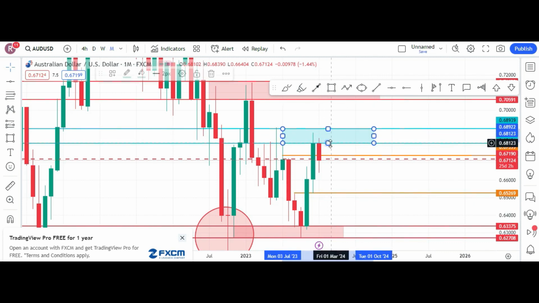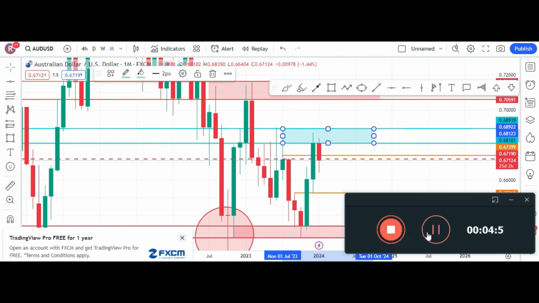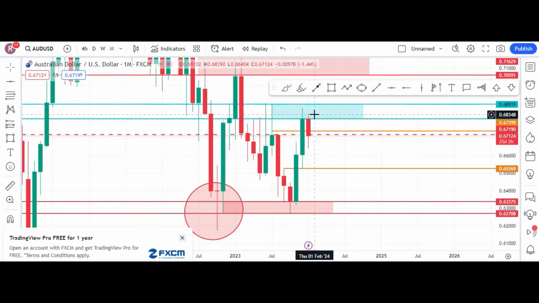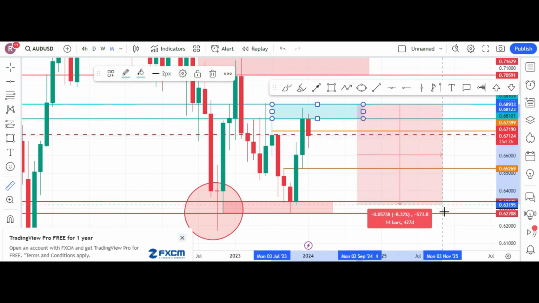So if you see now, this range has developed, and as per the new double top and this double bottom, we may have a new half.